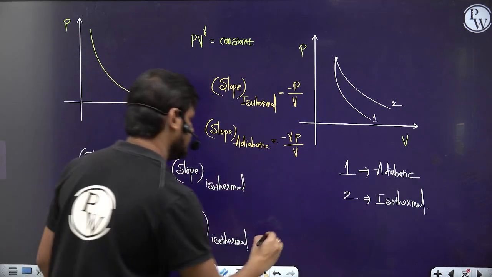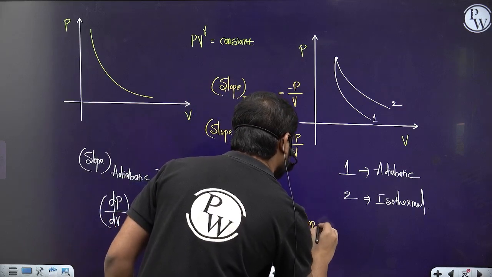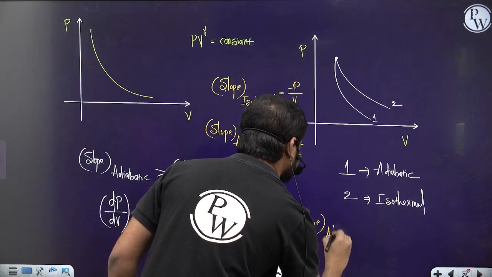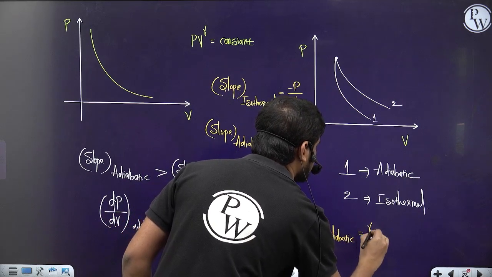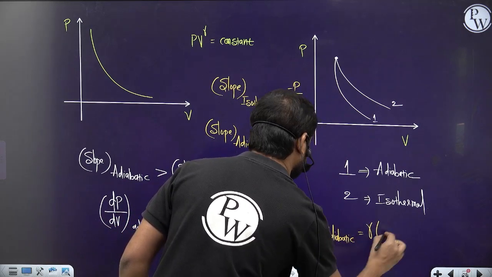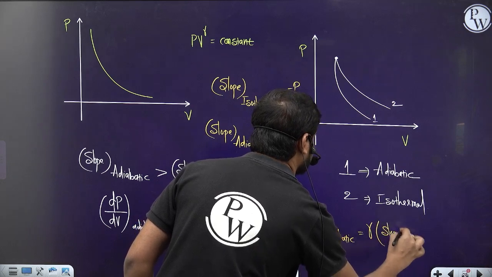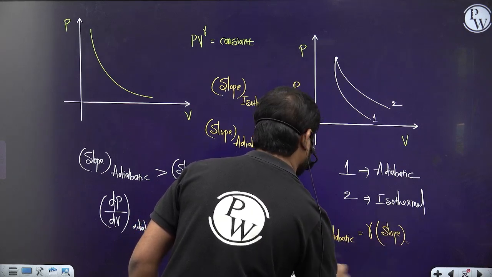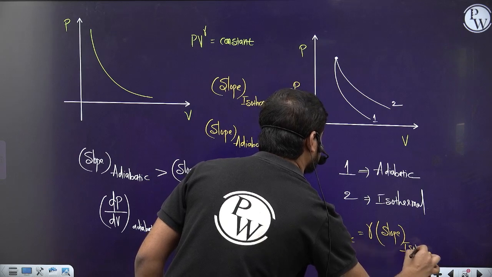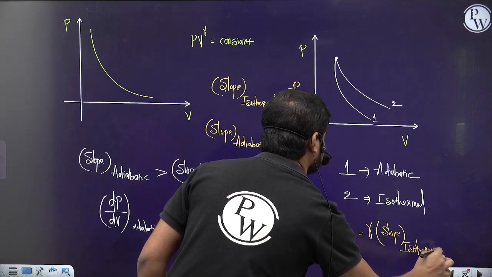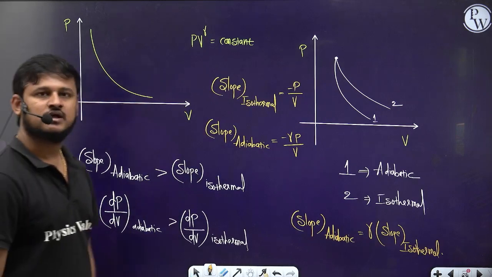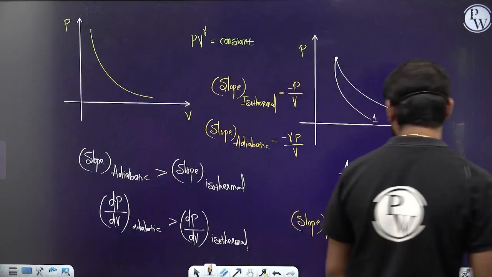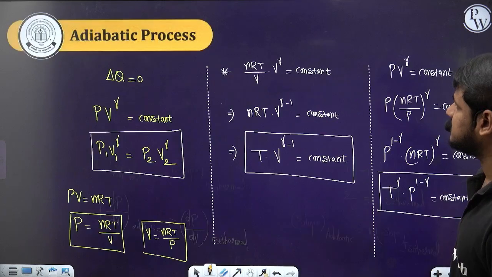So I'll write here: the slope of adiabatic will be gamma times the slope of isothermal. Done, guys? Clear? Chalo. Hope this concept is done.